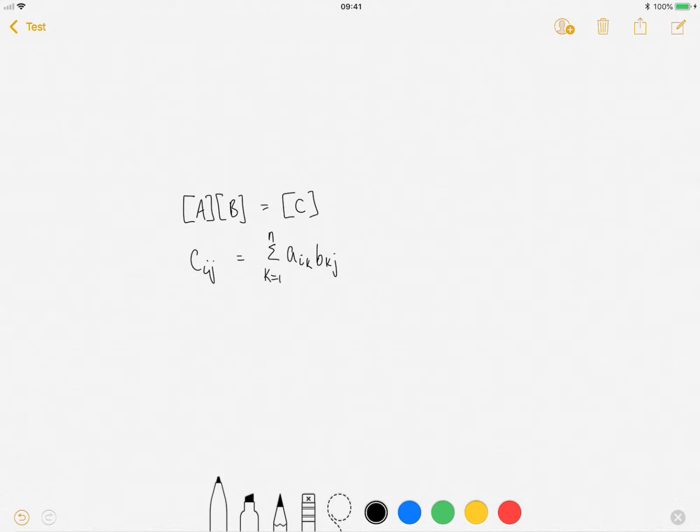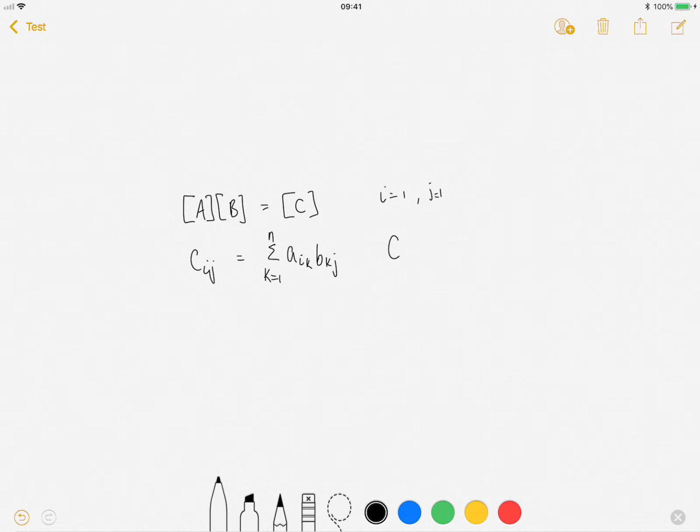What we are saying here is that element ij, so let's say I is equal to 1 and j is equal to 1.